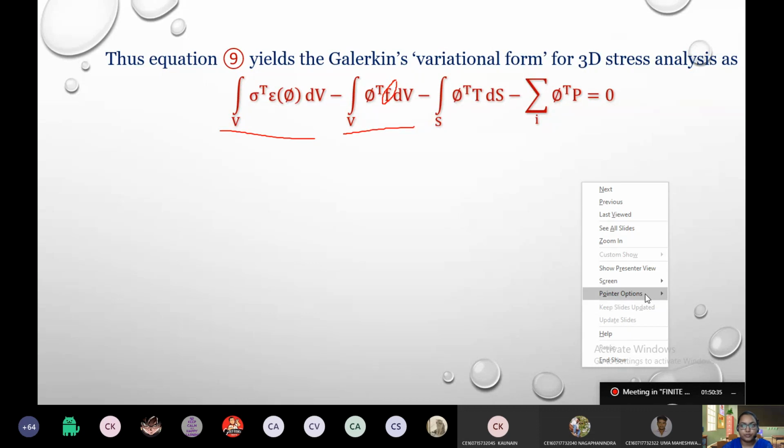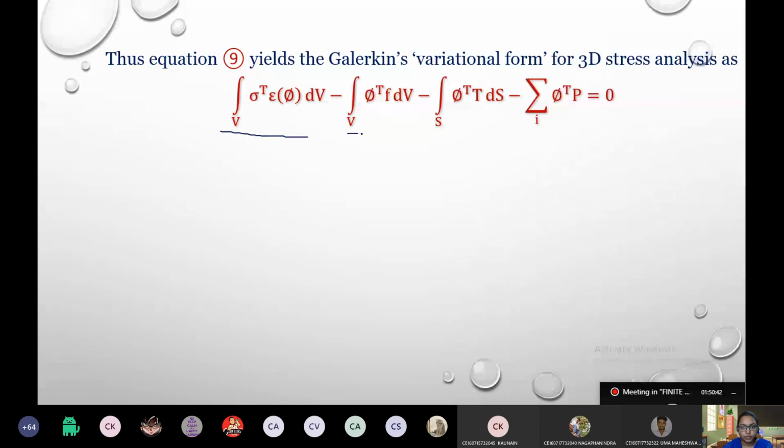Body forces with respect to volume. Surface traction with respect to the surface traction values. And if point loads are present at various points in the structure, summation from i equal to 1 to n. So all these things are taken into account for the complete analysis of the whole structure.